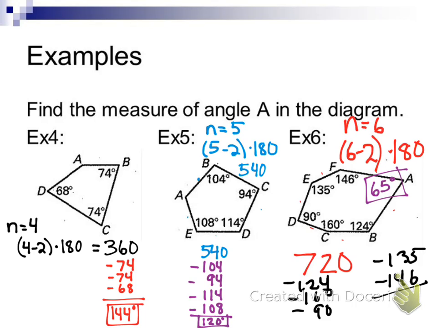All I did though was I did 720, that's the entire sum of the angles, and then I subtracted each one of these. And I came up with 65 degrees, so angle A must be 65 degrees. What are your questions? This is what you need to know about the interior angles. Then we're going to switch gears and talk about the exterior angles.